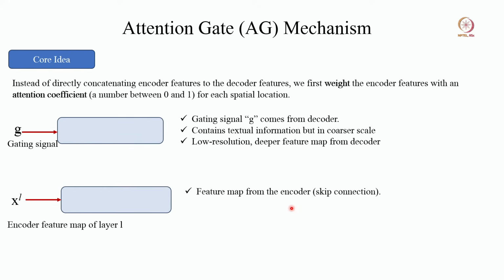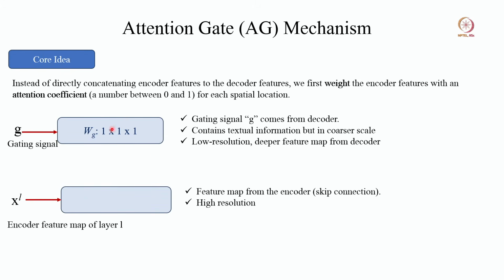Now this feature map from the encoder is coming through the skip connection we have seen, and it is a high resolution feature map because it is a part of the encoder where we have not gone to the maximum compression. So the resolution is much better in this encoder feature map.